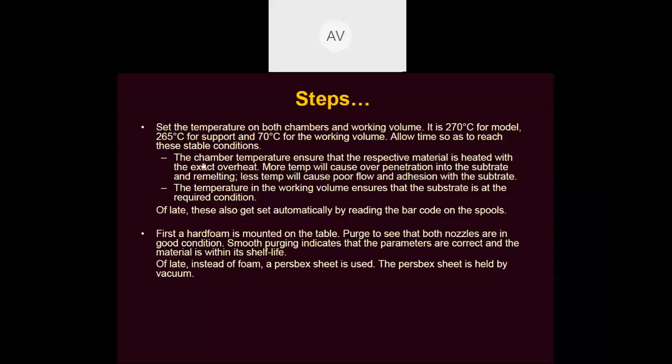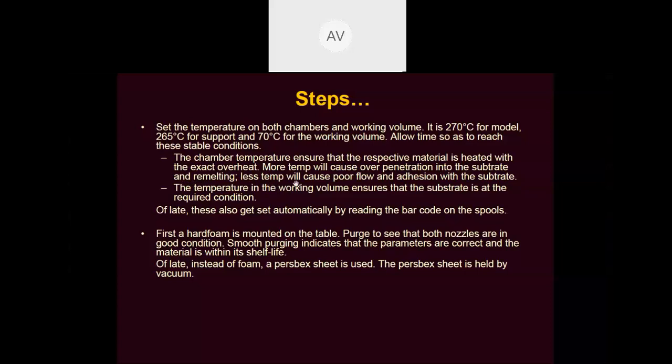The reason is that the chamber temperature ensures the respective material is heated with the exact overheat, and more temperature will cause more penetration into the substrate and remelting occurs. We have to maintain the temperature every time, because if we pour more heated material on the first layer we have pasted, it will also get melted.